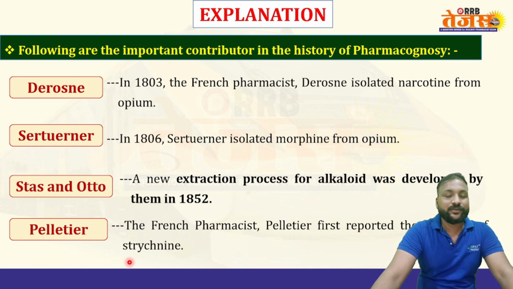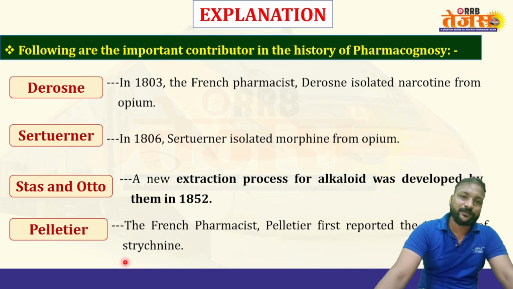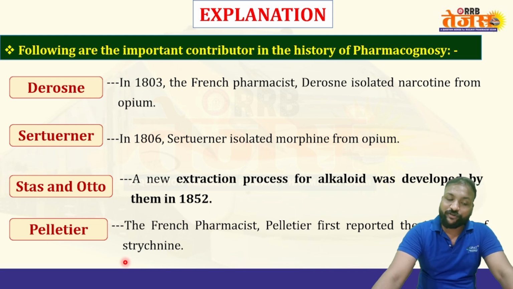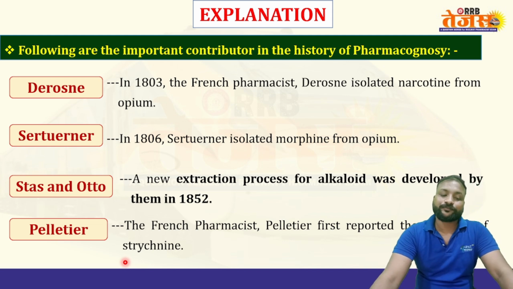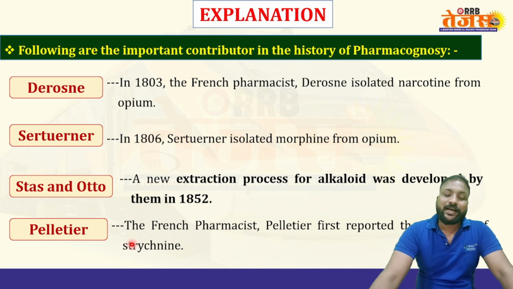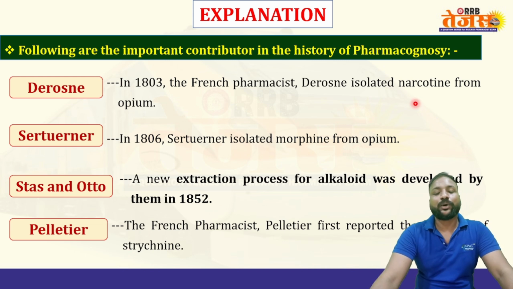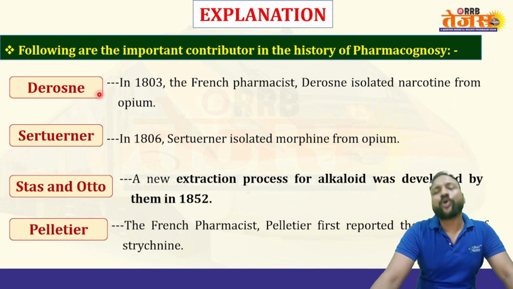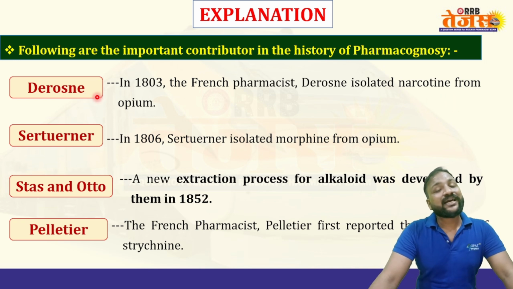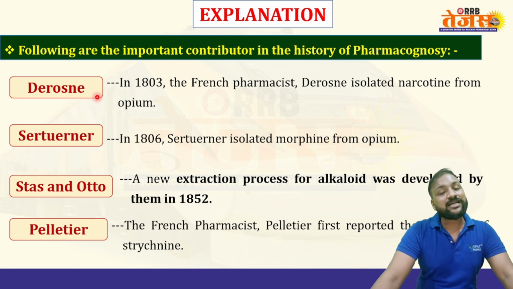Sertürner isolated morphine. Derosne is the person who isolated narcotine.